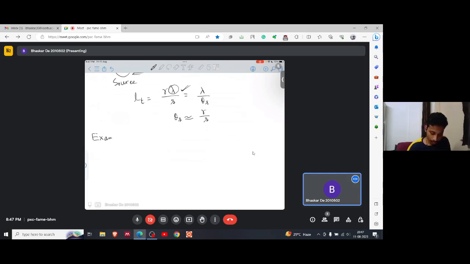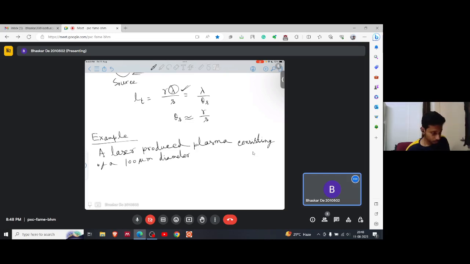Now there is an example. A laser produced plasma consisting of a 100 micrometer diameter ball radiates at a wavelength of 10 nanometer.